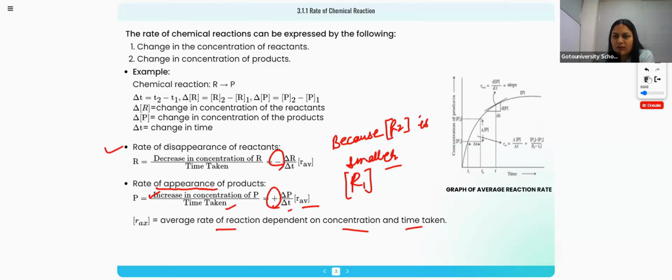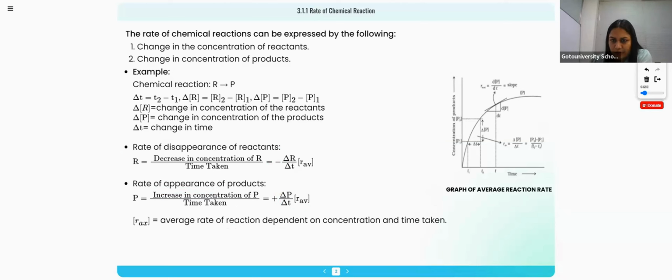Now if we look at the diagram here, we have plotted a graph to understand the rate of a chemical reaction.